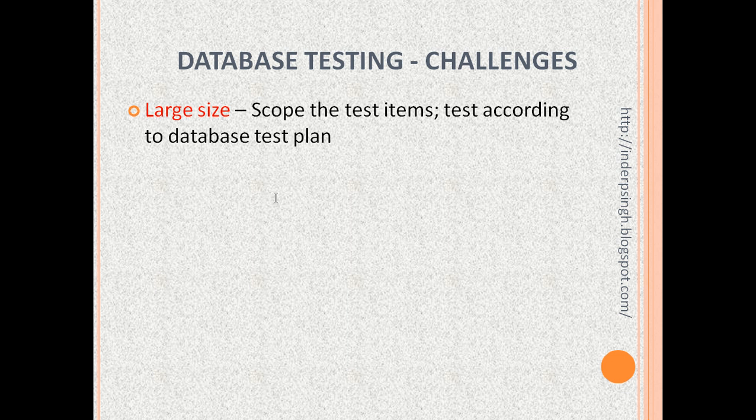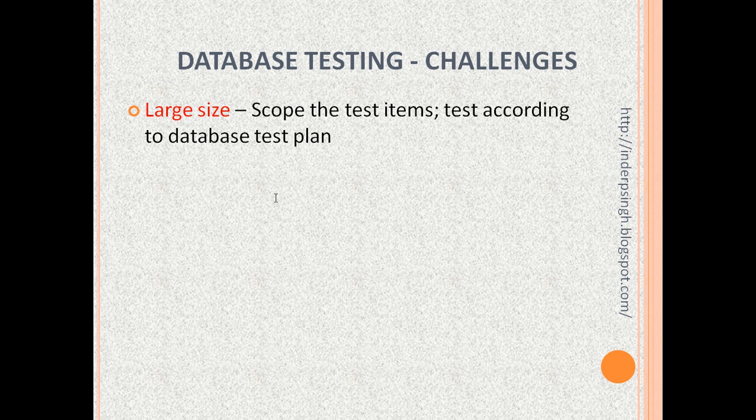So the thing to do is first find out what are the important things that you need to test. If it is only an incremental change from one release to another, you may just want to test the newly added stored procedures and newly added views, and you may just want to test the data of the important tables that the users use very frequently, or tables that contain important information such as financial information or health related information, or information that is required for legal compliance.